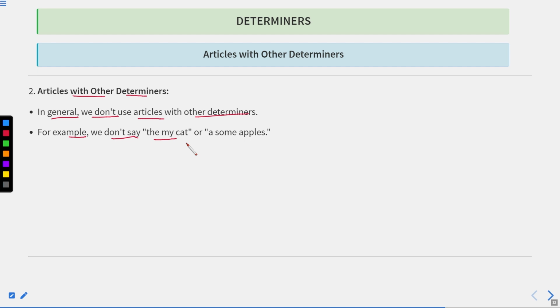It means we cannot use an article and a determiner together before a noun. We cannot say the my cat, but we can say the beautiful girl or a beautiful girl. Beautiful is an adjective, not a determiner. Or the some apples cannot be said. Both these phrases are wrong.